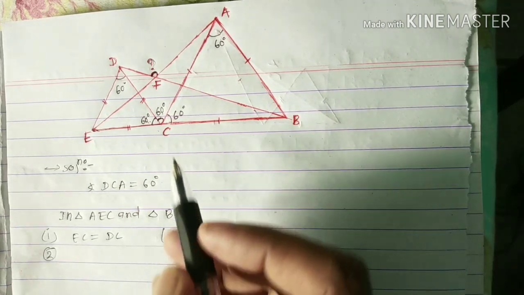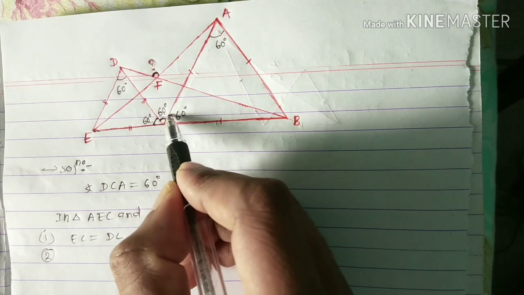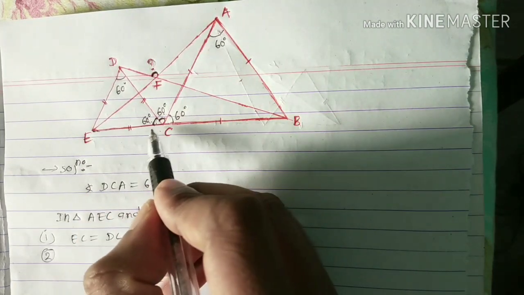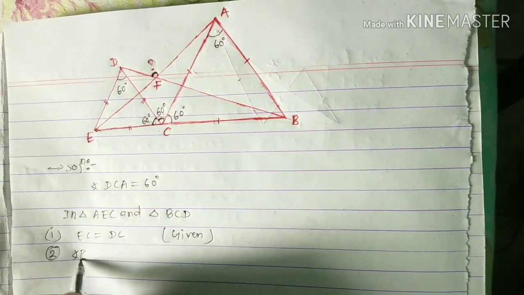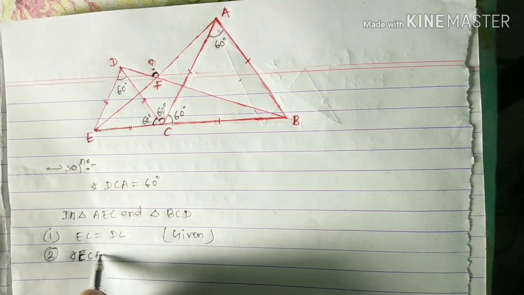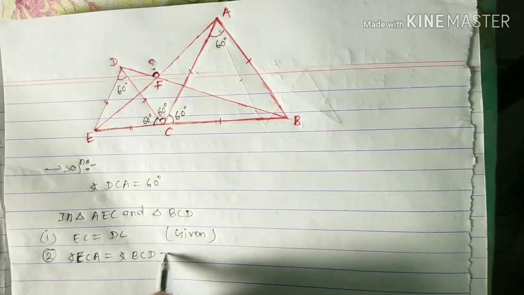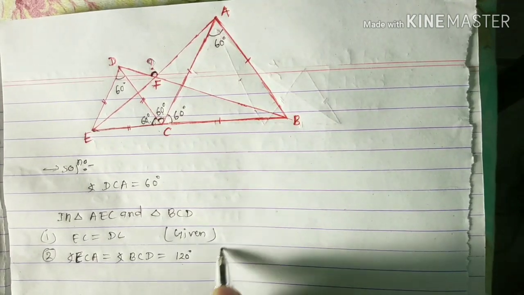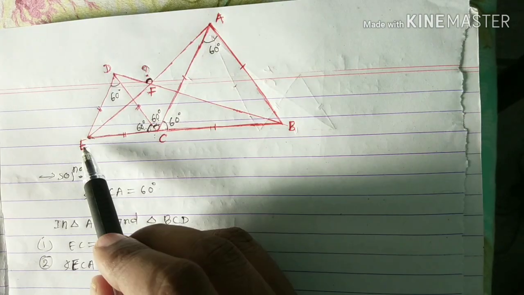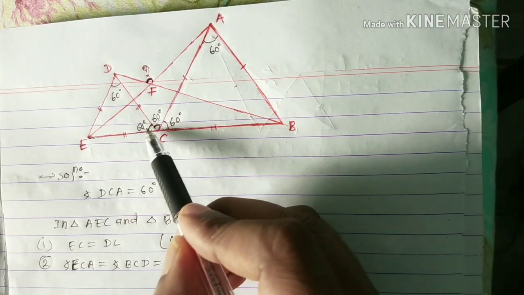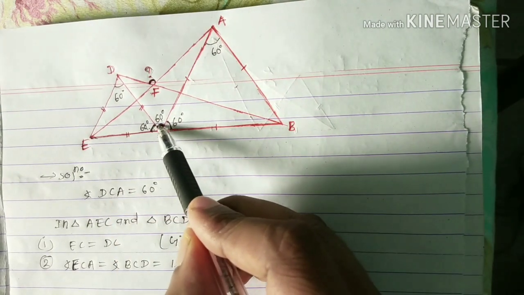And two, as you can see, this whole angle ECA, 60 plus 60, 120, is equal to angle BCD, 60 plus 60, 120.